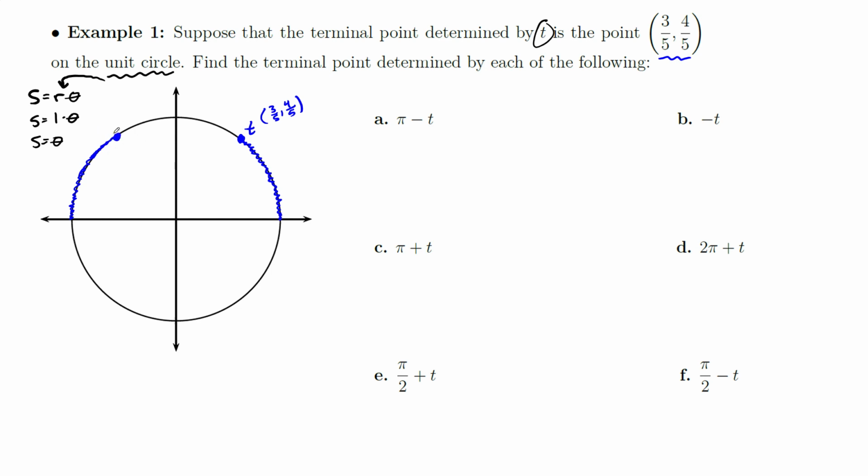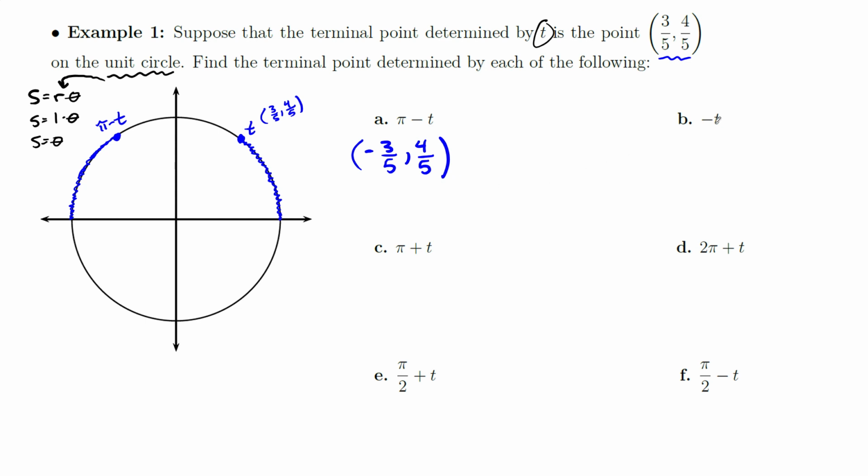So if this is where pi minus t is, what is this point? Well, it certainly appears that their y values are the same, and their x values also look the same, but they're just opposites of one another. So what I can safely say here is that the terminal point for pi minus t would be negative 3/5, but then the same y value, positive 4/5.